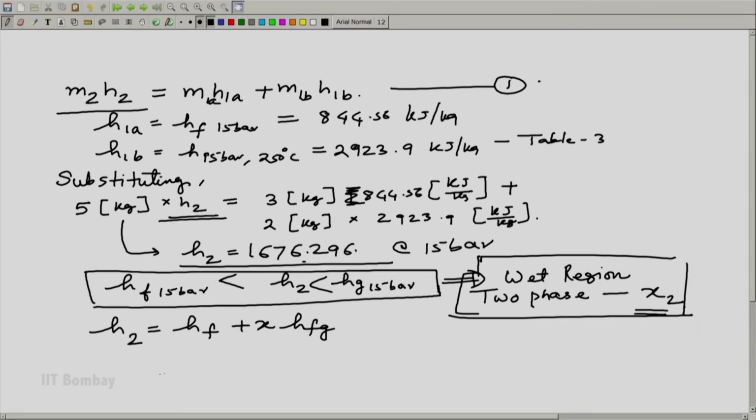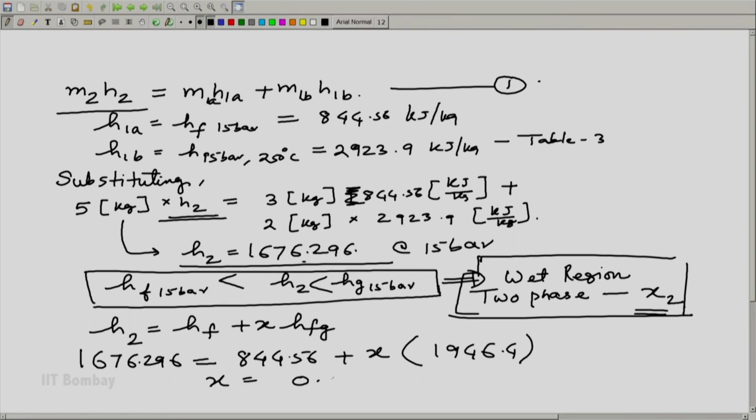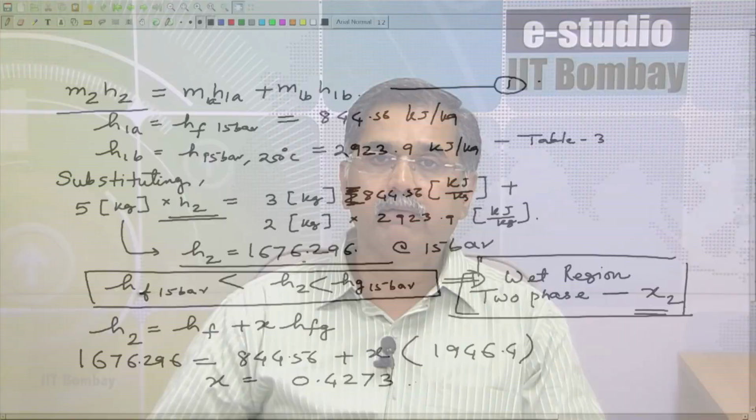So, the value of H2 is known to me, 1676.296, which we have just calculated. HF is known to me as 844.56, X is something I want to find out, HFG is 1946.4, from where I understand therefore X is equal to 0.4273. Most importantly, whenever we have a 2 phase region, we have to first find out the value of X, then only can I calculate all other values, alright.